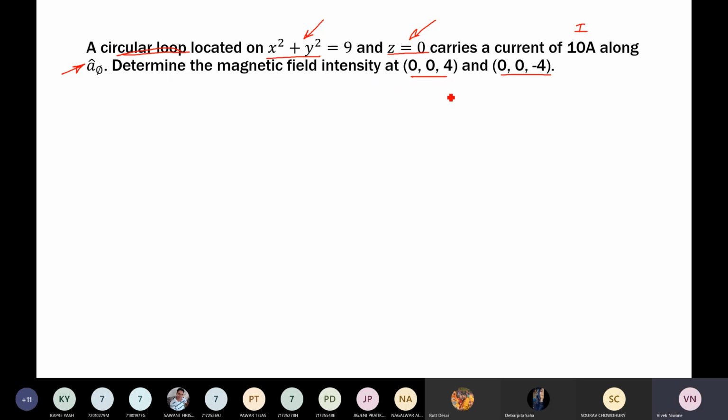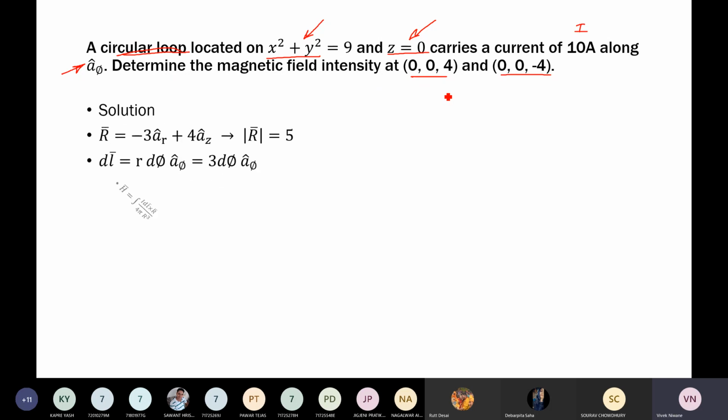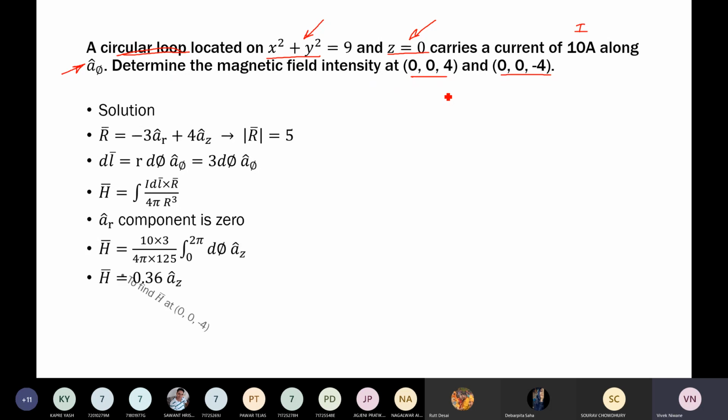You have the circular loop formula, that weird looking formula, but I made a mistake applying an animation over here. The weird looking formula we derived was for the magnetic field intensity along the central axis.